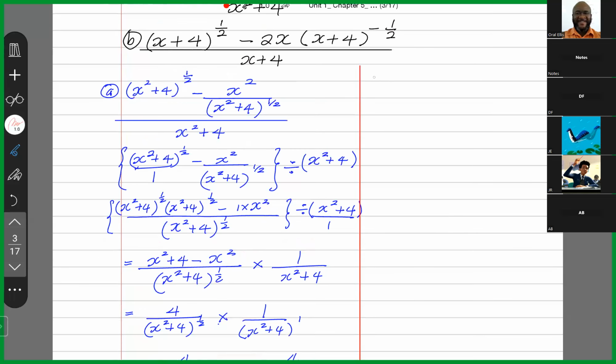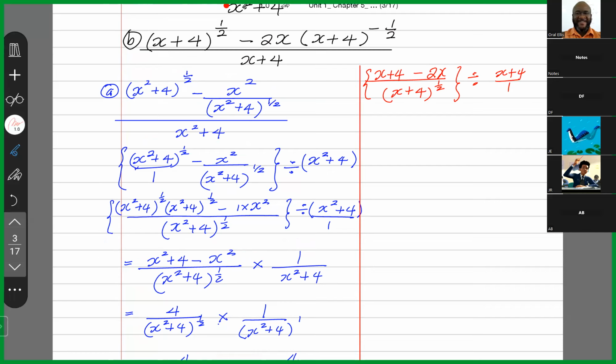So we're going to have what? x plus 4 minus 2x, and this would be over x plus 4 to the half power. Still the numerator, divided by x plus 4 over 1.